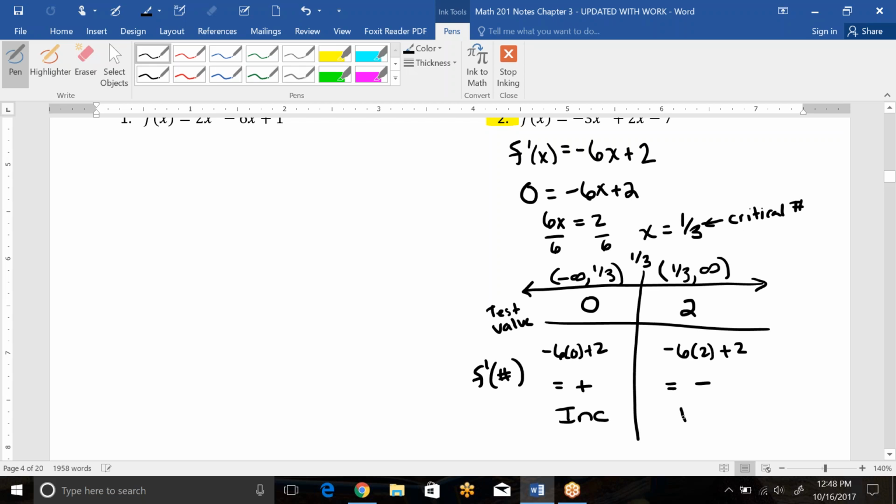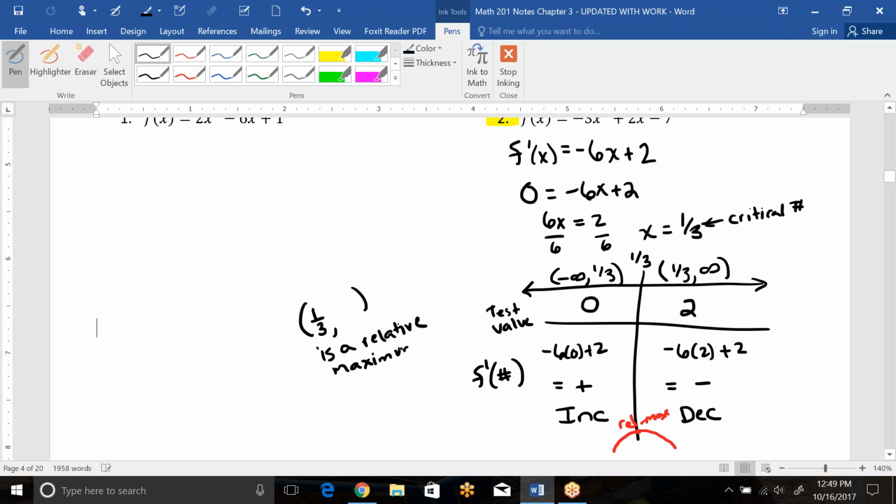If you have a negative in a region, that means you are decreasing. And if we go from increasing by the first derivative test to decreasing at a point, that means that this is a relative max. Okay, so this is not just 1/3, it's going to be a point. So we need to figure out what's the other part of 1/3. So 1/3 something is a relative maximum.